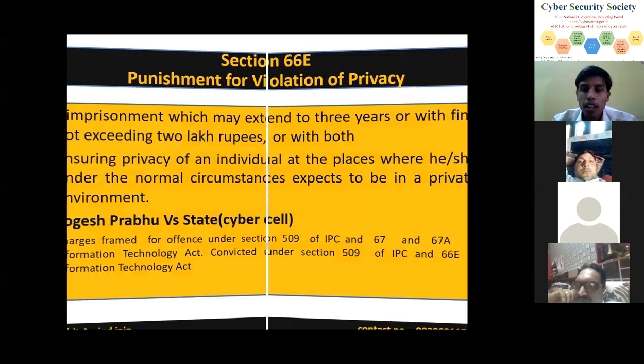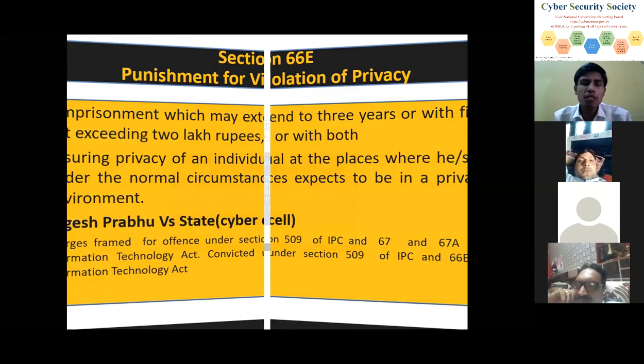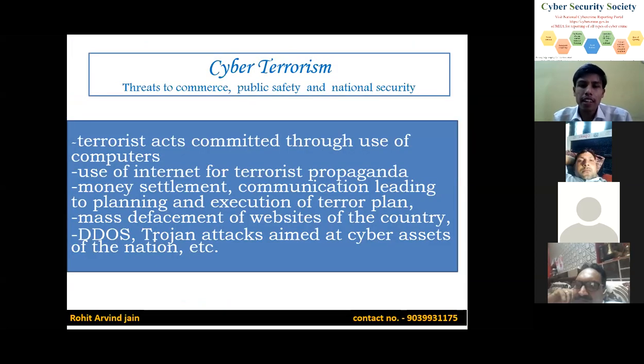And there's cyber terrorism. Cyber terrorism is a very important provision in our IT Act, which deals with national security or public safety. If someone is doing an act which threatens commerce, public safety, and national security of India, then this provision is applied on that particular person.